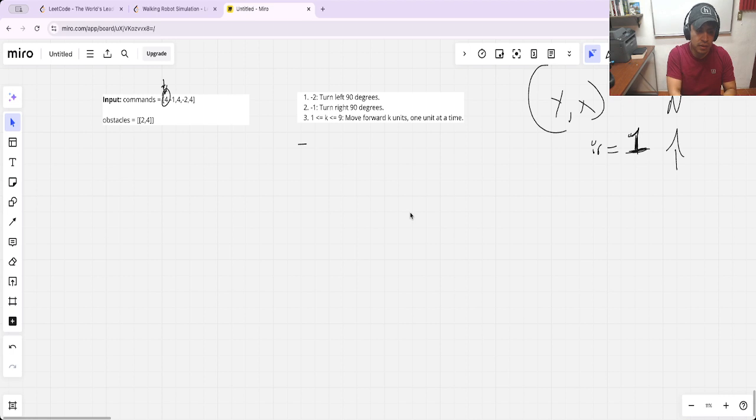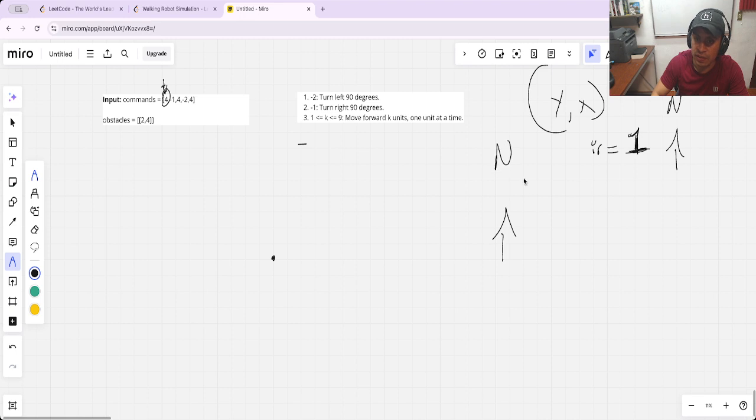For example, you are here at 0, 0, and in the first direction you are looking to the north, and the first value is 4. You are saying that if x and y are 0 and it is the north, it is basically y plus 4, yeah, it could work, but what happens if you have an obstacle here? How do we know this?